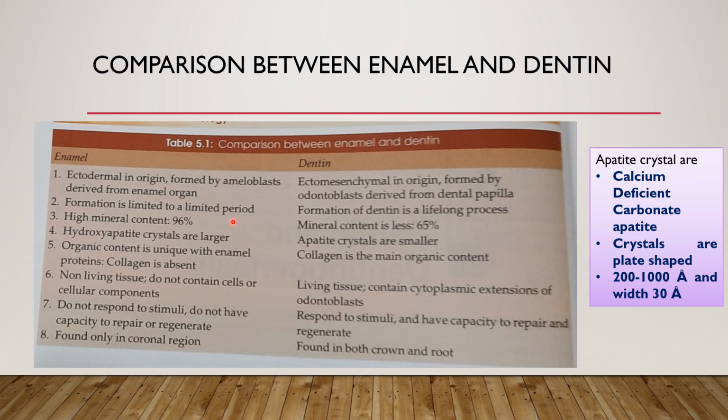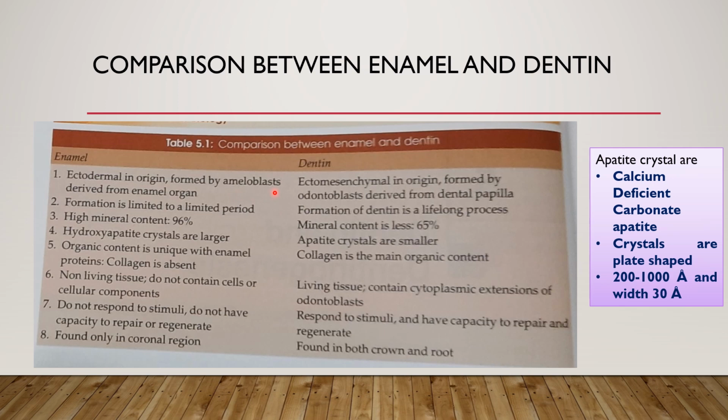Now, coming on to comparison between enamel and dentine. So, we all know that enamel and dentine both are the harder structures. Okay, dentine is somewhat less hard than enamel, but there are other differences as well. Enamel is ectodermal in origin. Okay.